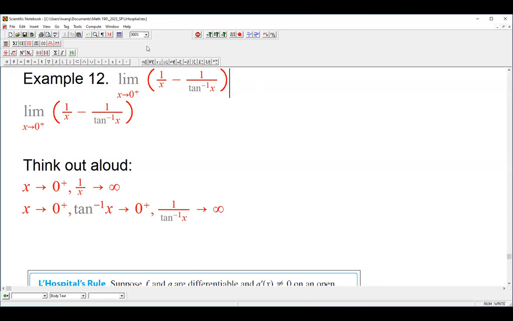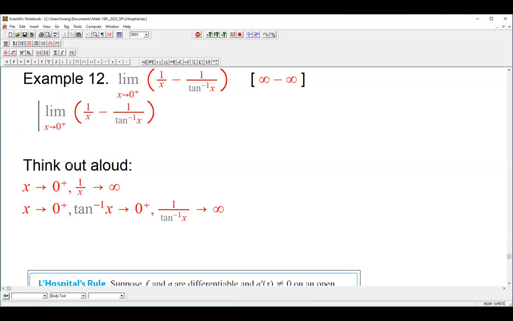So we have an infinity minus infinity situation one more time. And what will be the limit? Well, we don't know. But one thing is certain, we have an infinity minus infinity case.